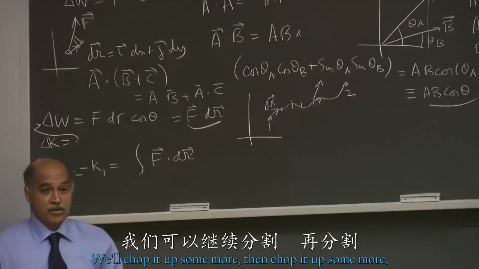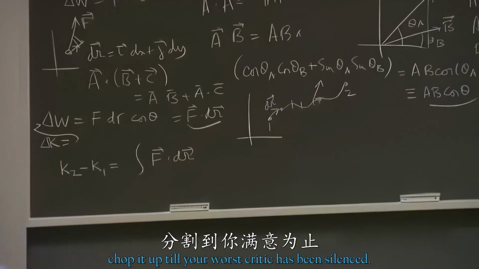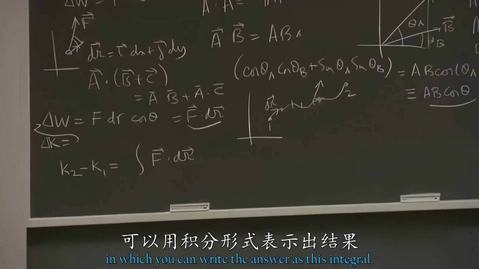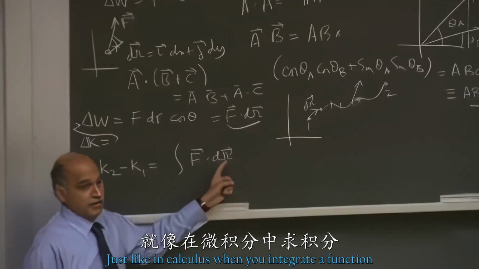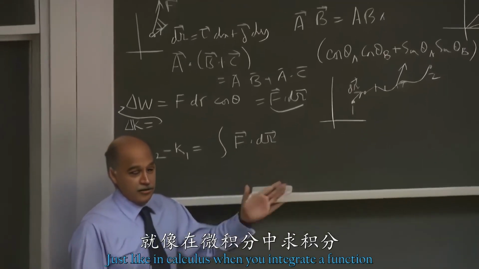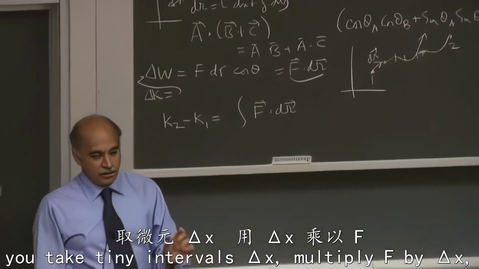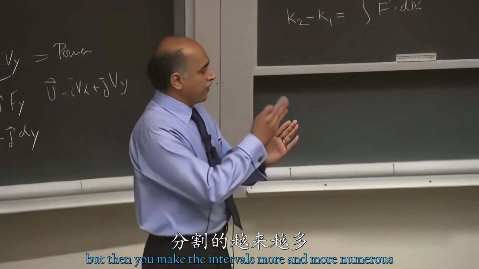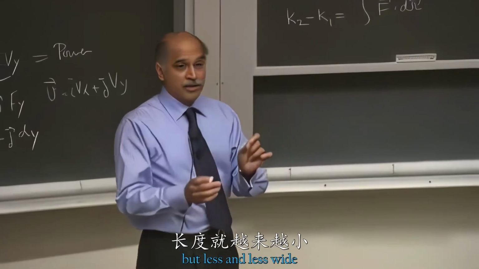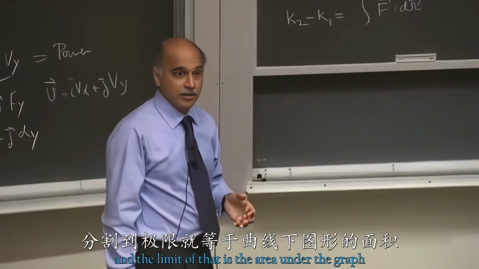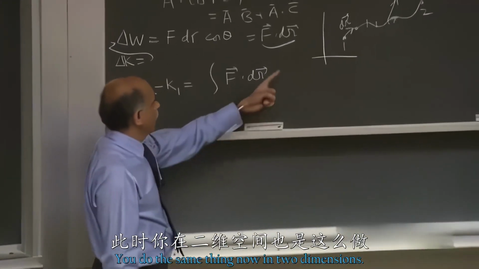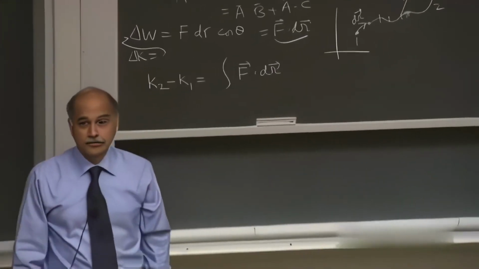Well, chop it up some more, until your worst critic has been silenced. That's the limit in which you can write the answer as this integral. Just like in calculus, when you integrate a function, you take tiny intervals delta x, multiply f by delta x, then make the intervals more numerous but less wide, and the limit is the area under the graph, called the integral. You do the same thing now in 2 dimensions.